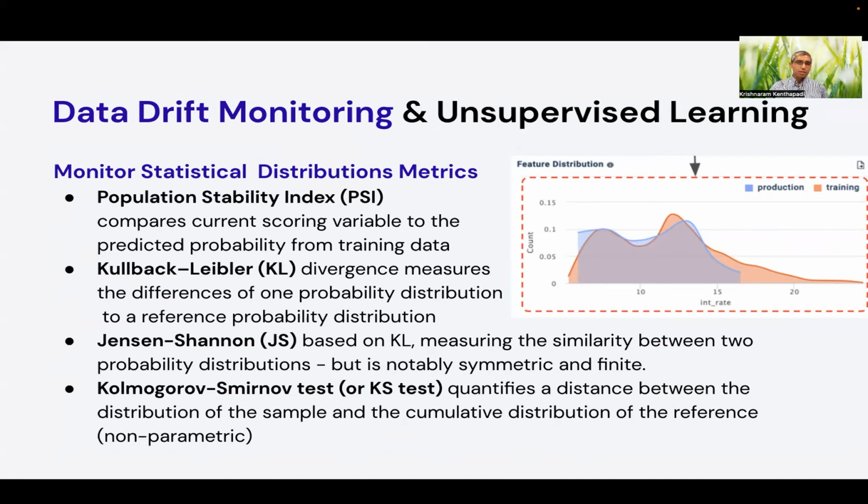There are several different statistical measures commonly used to compute these differences, such as Jensen-Shannon divergence or KL divergence, population stability index, and so forth. These can be applied either on the prediction probability distribution or on the feature distribution themselves.